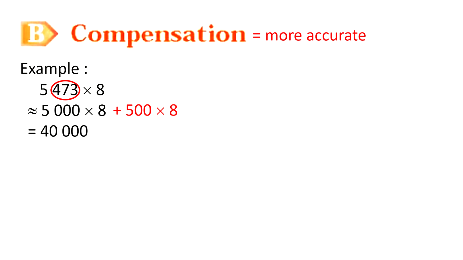Okay, add 500 times 8. So that the answer we get should be much closer to our exact value. And we call this compensation. Okay, remember, always write down the strategies after you use it.